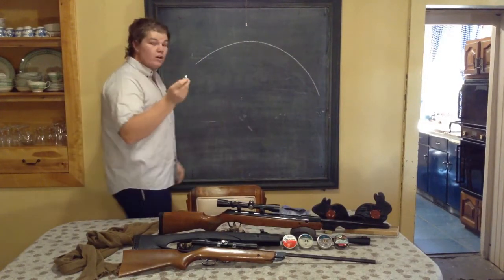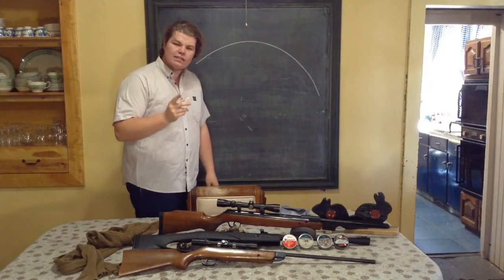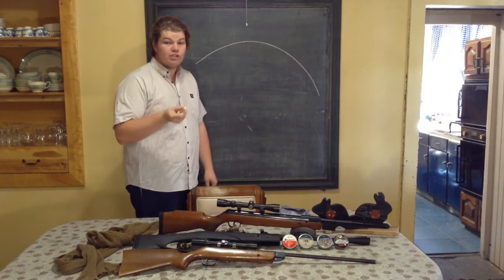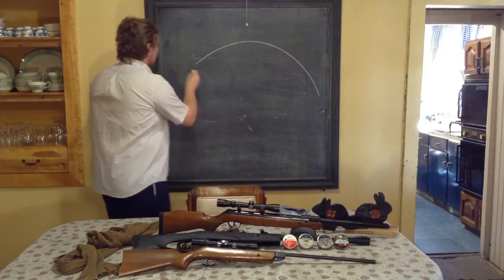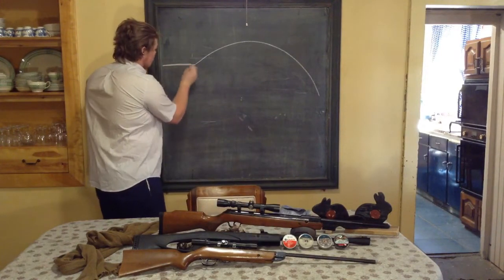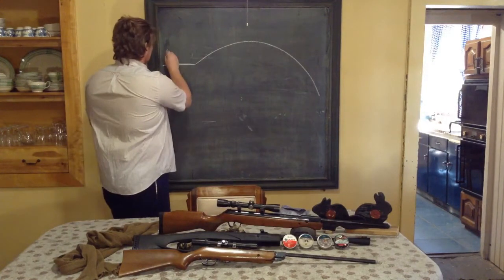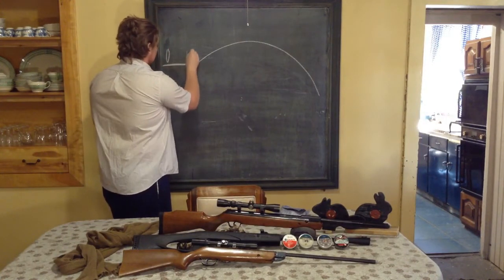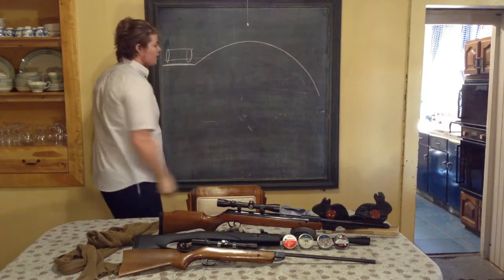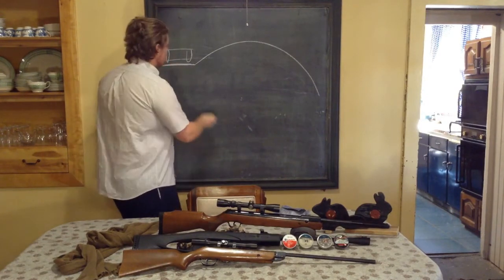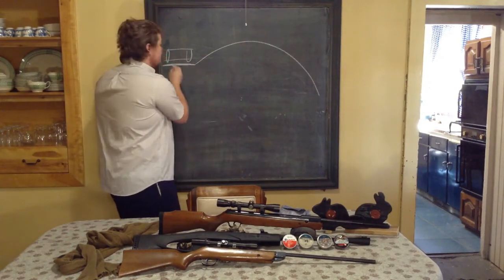So we are going to take a look at how scope height changes your point of intersection. There's your barrel of the gun. And that is your scope. This is your line of sight.